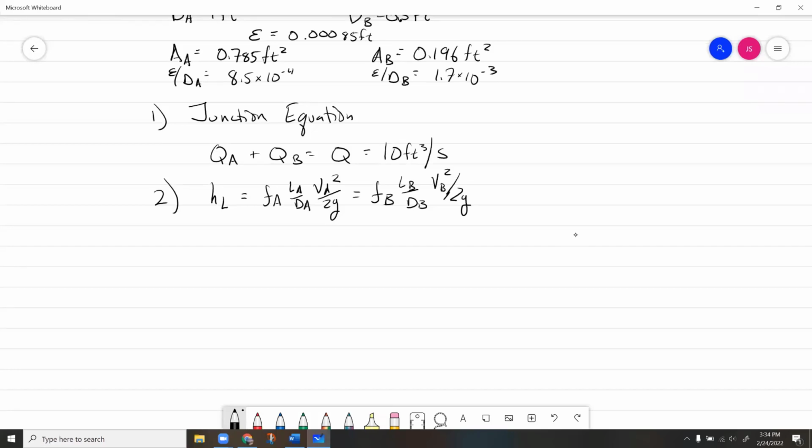Because how do we know what f value to use? How would we start with an f value for this problem? What's an assumption we typically make? We're at fully turbulent flow. Is that right? Yeah. So start with a fully turbulent assumption.